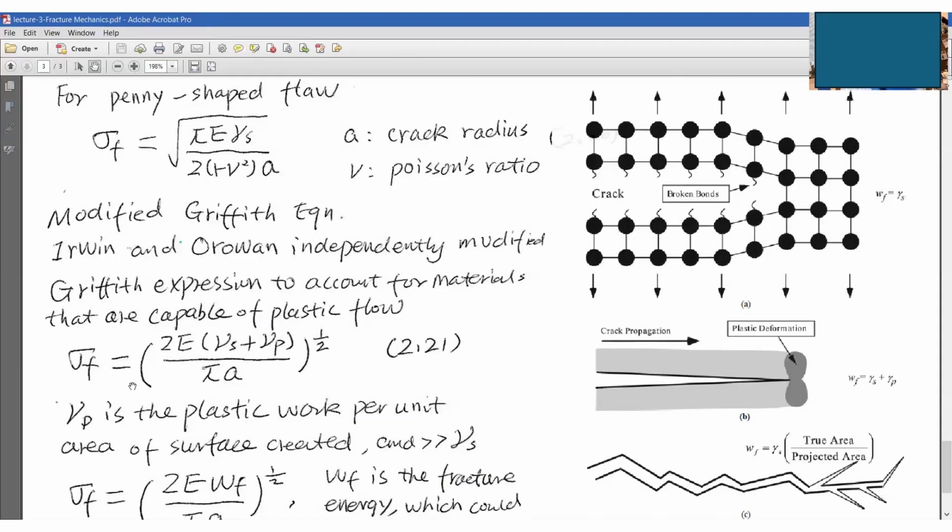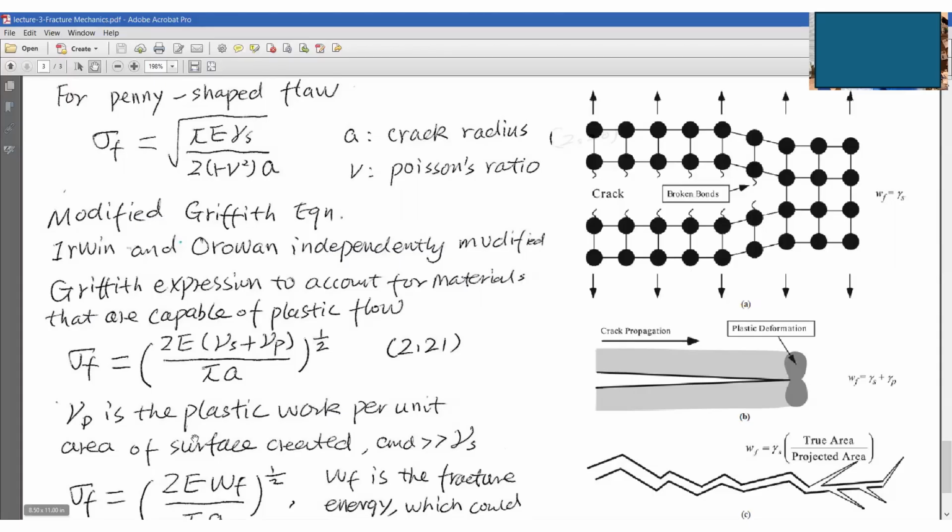What does this equation say? This equation says that sigma f, the failure stress, equals the square root of 2E times (gamma s plus gamma p) divided by pi a. So this gamma p comes into play.